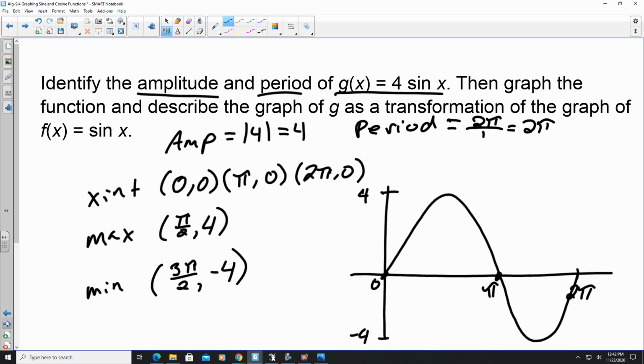And if you notice, it would just repeat itself. It would keep going here, and keep going here in a similar sense. If you wanted to find values like those in the red, you could simply add 2 pi to each of these values, or subtract 2 pi from each, to get those coordinates as well. But the black graph is the general period of this function.